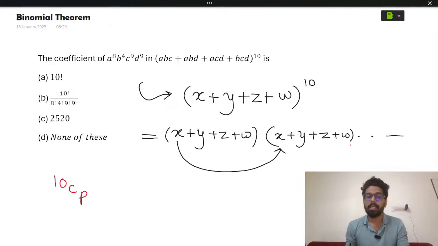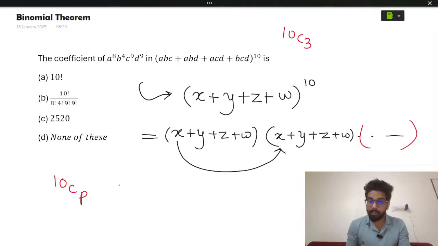Let's suppose p is 3. What is the meaning of this? That from these 3 factors, I will take x into x into x. You got my point? And from the remaining ones, what I will do? Out of 10 factors, I select p factors, and each of these p factors will contribute x.